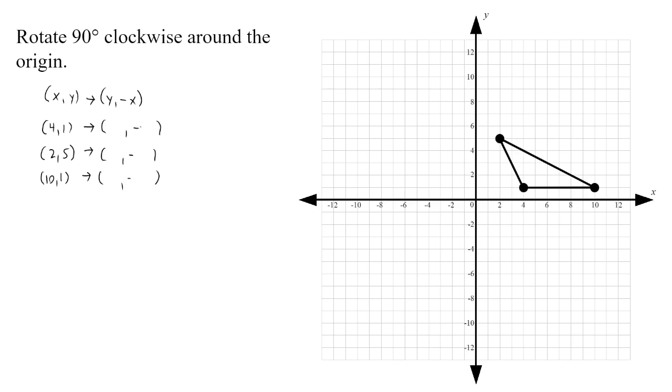So now we have 4 and 1, and this would be 1, -4. We're going to plot it. We have 2 and 5. This will give you 5, -2. We're going to go ahead and plot it.